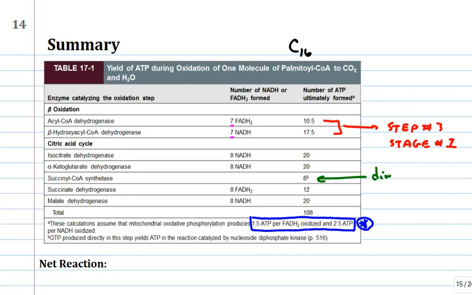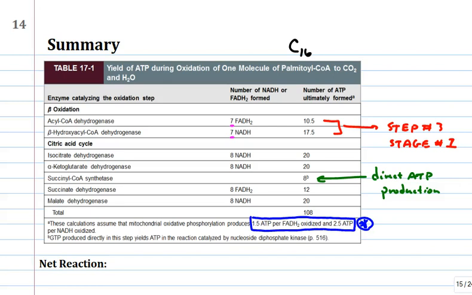So I'm just going to call this direct ATP production. So I made a statement a while ago. There's no direct ATP formation in beta oxidation. Well, that's true, because beta oxidation are those 4 reactions that occur to break off acetyl-CoA. But there is direct ATP production once acetyl-CoA is made and flows into the citric acid cycle.